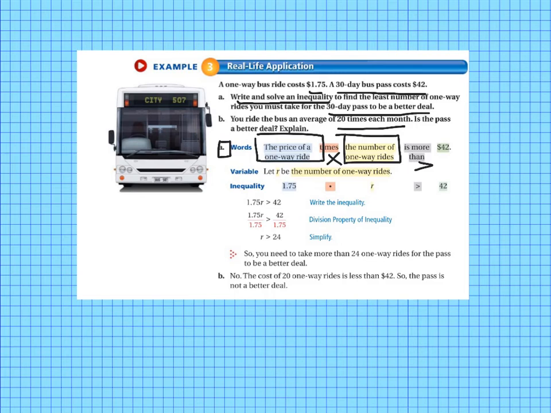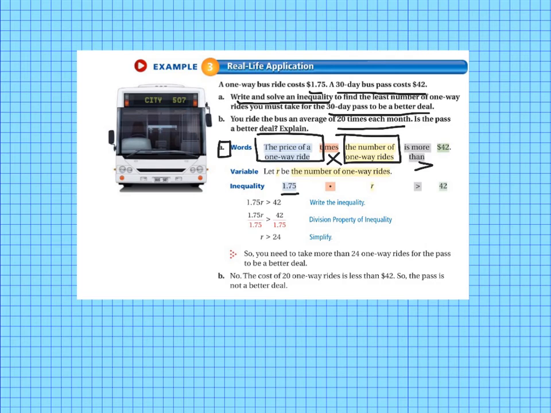So R is the number of one-way rides, and $1.75 is the price of a one-way ride, and then we have that multiplication sign in there. So it's $1.75 times R is greater than $42. So we don't want greater than or equal to, because if it's equal to, then it would just be the same deal. It wouldn't be a better deal.